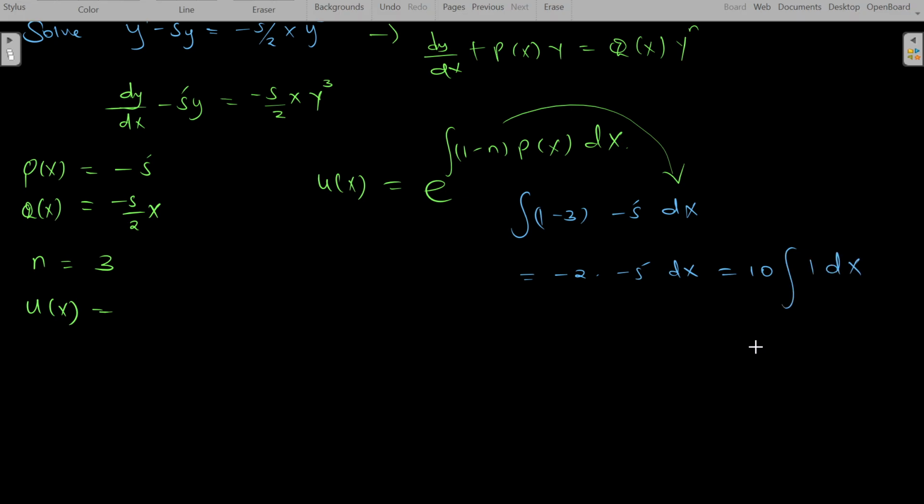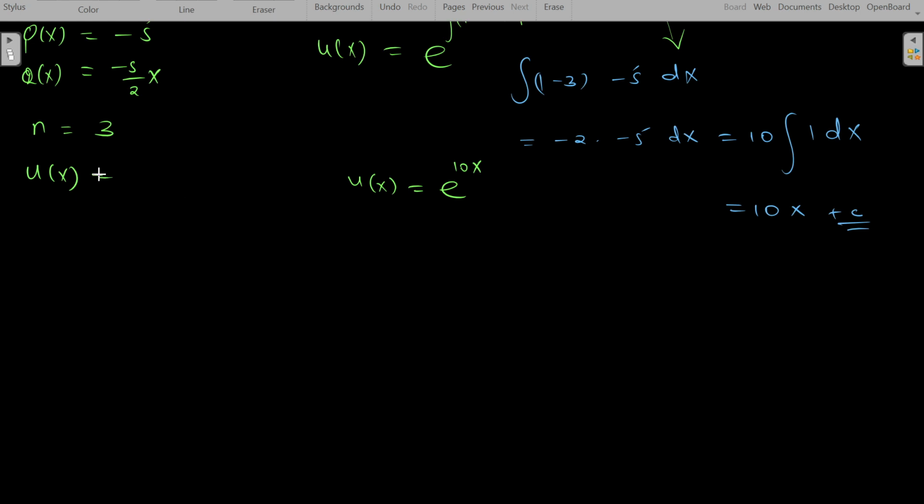So I'll take this as 10x plus a constant of integration, but we won't include it. So this is my integral, and my mu(x) equals e raised to 10x.